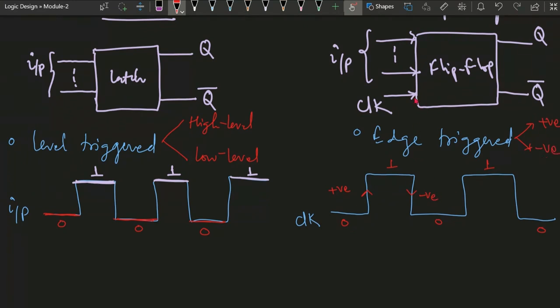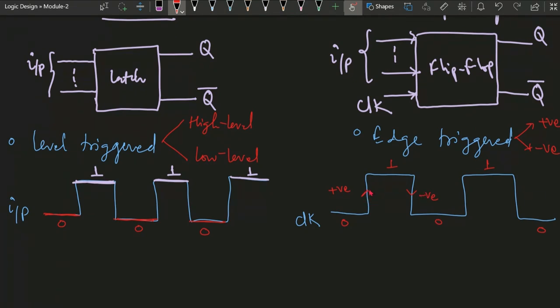Flip flops work based on edge triggering, meaning the change in the output of the flip flop will be based on either positive edge triggering or negative edge triggering.